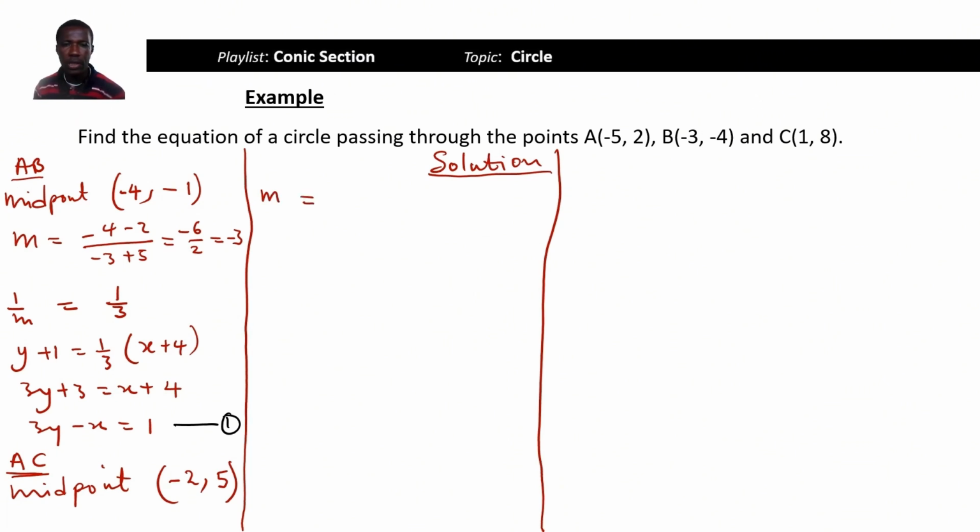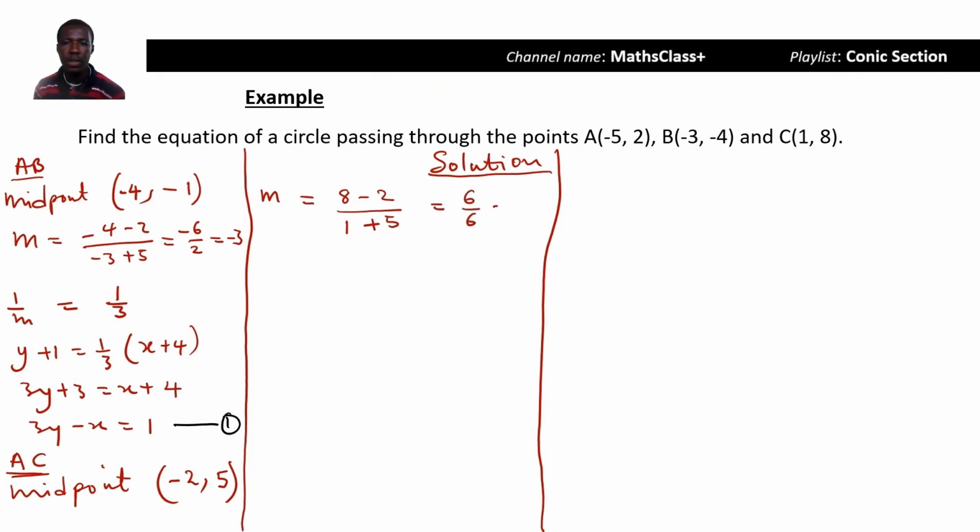Then we also find the gradient. So the gradient will be 8 minus 2 divided by 1 minus -5, which becomes 1 plus 5. This will give us 6/6, which is equal to 1. A line that is perpendicular to the line AC will have the gradient -1/m, which will be the negative inverse of +1. That will be -1.